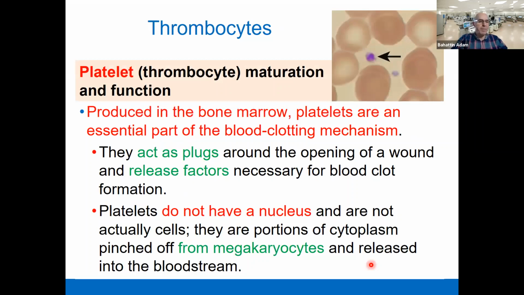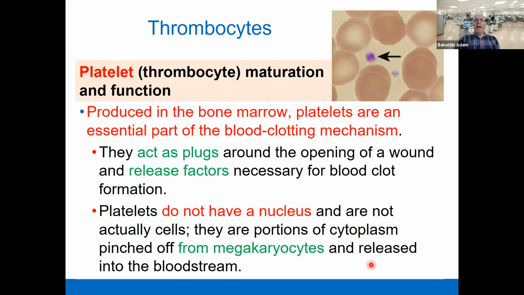Now, when it comes to thrombocytes, the other name for thrombocytes is platelets, you know that. We know platelets are produced in the bone marrow. Platelets are an essential part of the blood clotting mechanism.